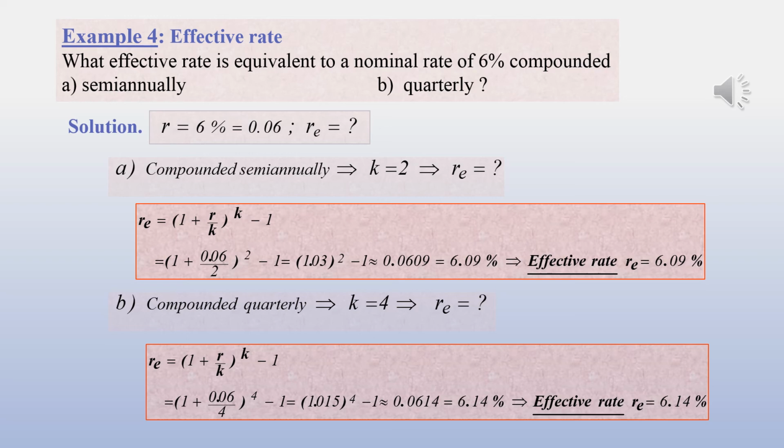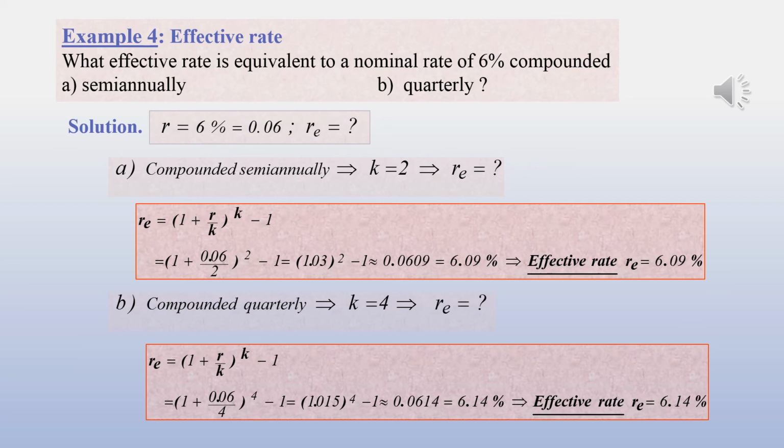Number B. Compounded quarterly, K equal to 4. So we use the same formula for Re. Re is equal to (1 plus R over K) to the degree of K, minus 1. So we substitute the value of R equal to 0.06 and K equal to 4. So Re is equal to (1 plus 0.06 over 4) to the degree of 4, minus 1.